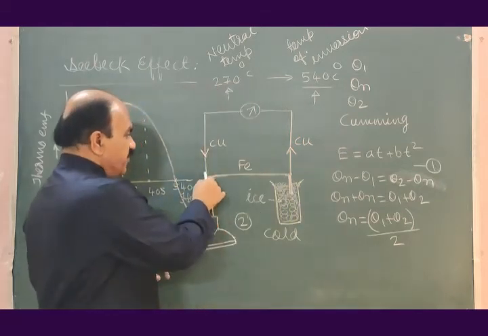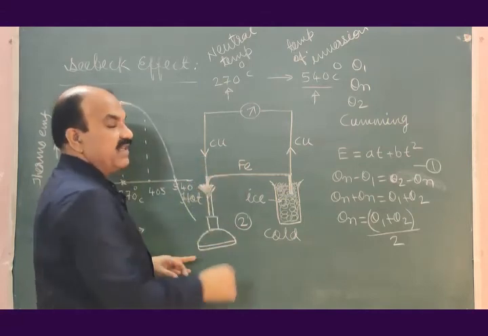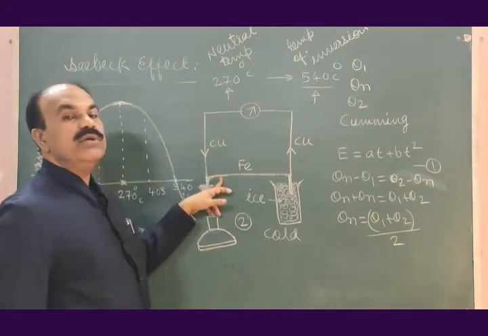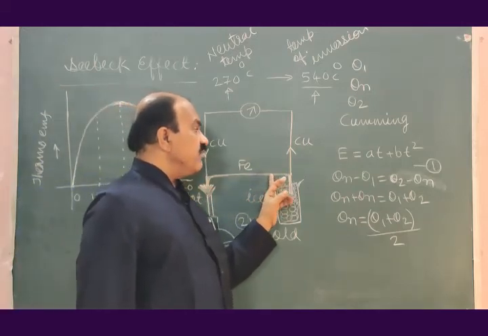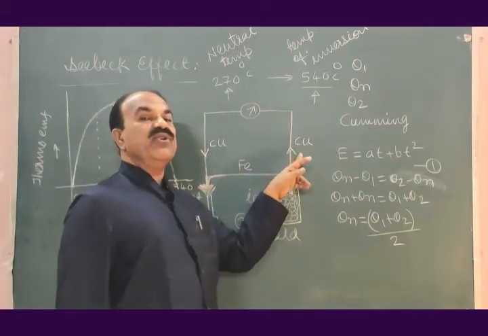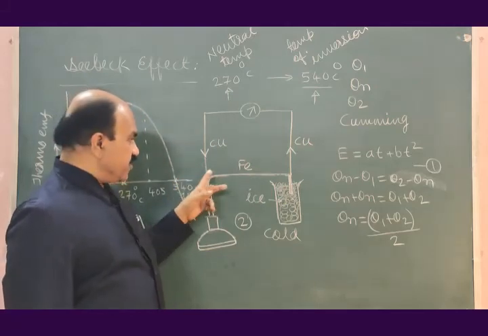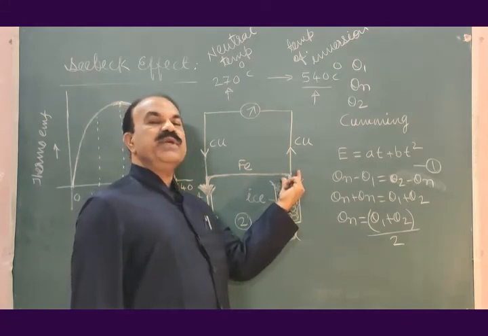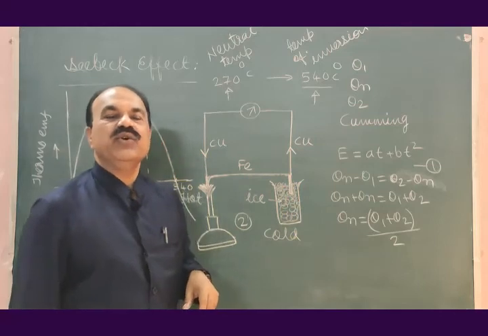It means that there should be a certain potential difference between this metal and this metal, and therefore because of heating, current flows from copper to iron at the hot junction, and current flows from iron to copper at the cold junction. The direction of potential difference in these two metals at the hot junction is different from the direction of the potential difference between these two metals at the cold junction.